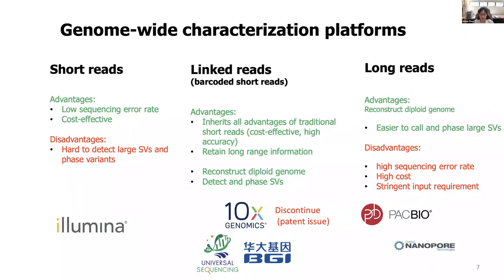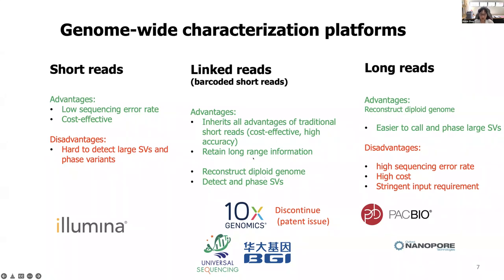Today, we also have linked reads, which we often call barcoded short reads. For linked reads, you can think of it as short reads attached to a barcode. Then we know the reads with the same barcode originate from the same long DNA fragment. They provide this long-range information for us to easily reconstruct the diploid genome and detect and phase structural variants.